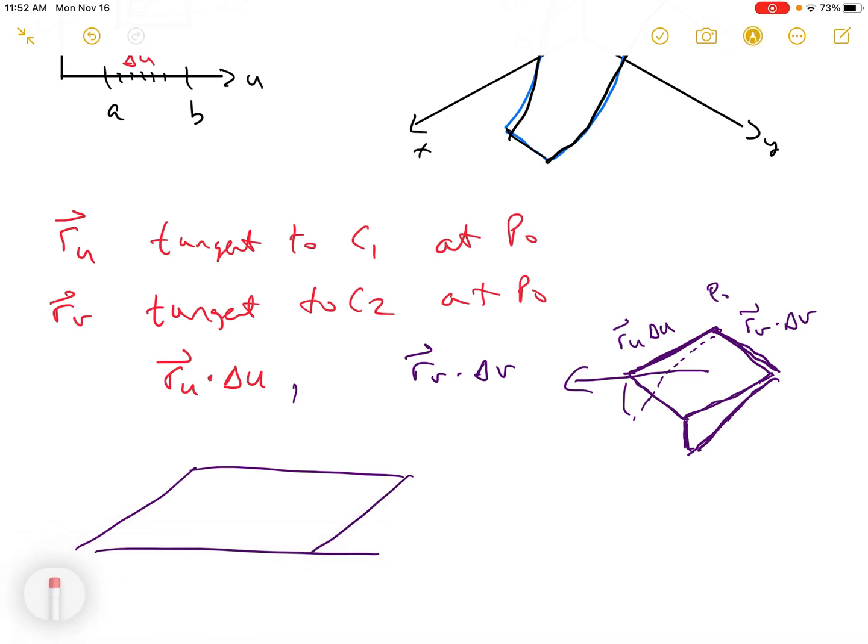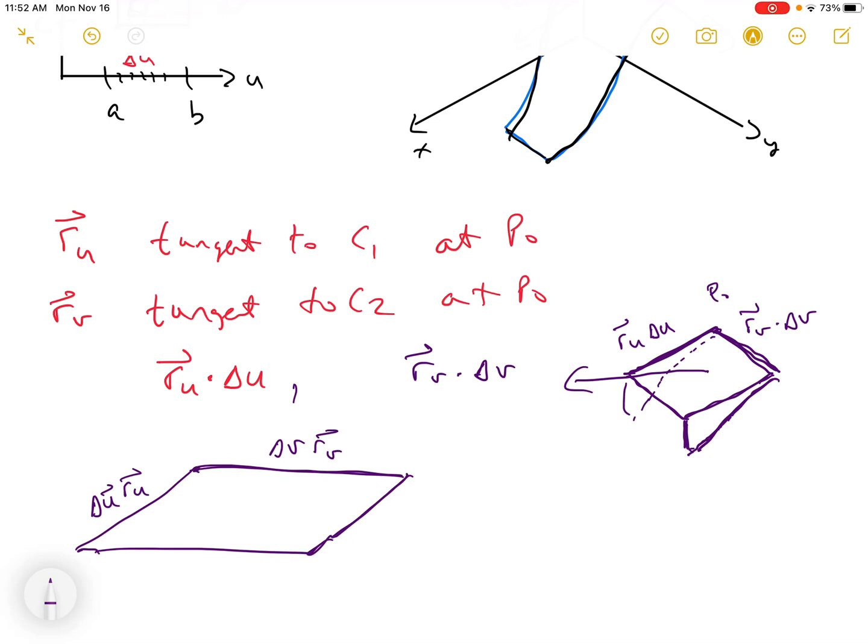this is so much easier to do in class. I normally have volunteers hold things and pieces of paper, and it's super fun, but I'm doing the best I can here. All right. So this little parallelogram looks more like a rectangle. It has length delta u r sub u, and width delta v r sub v here. Okay.